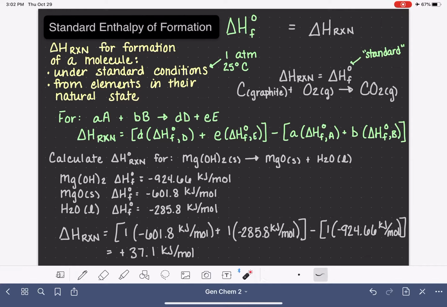Because this particular delta H was calculated using standard enthalpies of formation, we can also call this delta H of reaction a standard delta H of reaction. The mantra, the thing that I want you to remember when you're using this particular method, is products minus reactants. Take the delta H of all of our products and subtract the delta H of all of our reactants.